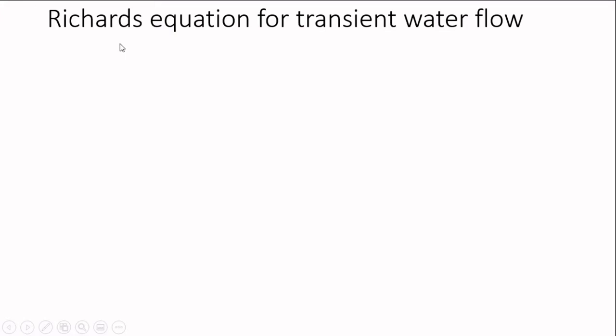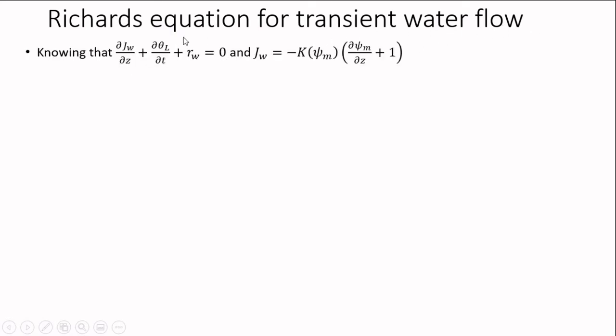The specific equation that we're going to talk about is the Richards equation. The Richards equation can be used for transient water flow in unsaturated soil. So this is the governing equation that we derived in the previous slide for the mass balance of a cube of soil. Now we can include the flux term that we've been using to calculate the unsaturated hydraulic conductivity.